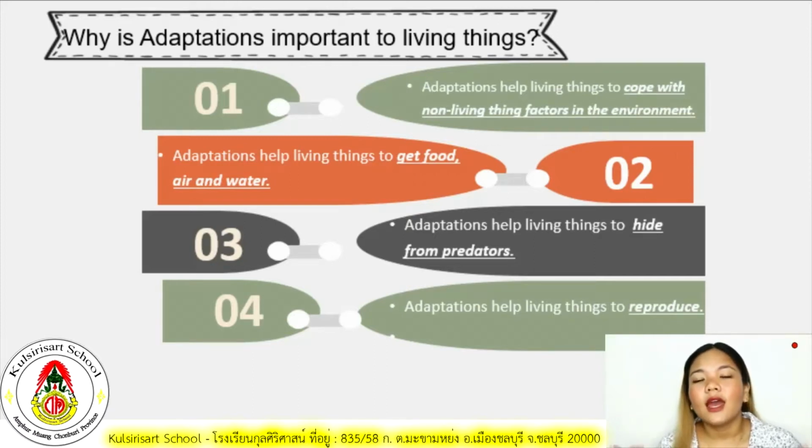Since animals are able to adapt to their environment, they will be able to go from one place to another to find their mate. This way, they will be able to reproduce or produce their own babies or offspring. So those are the four importance of adaptations in living things.